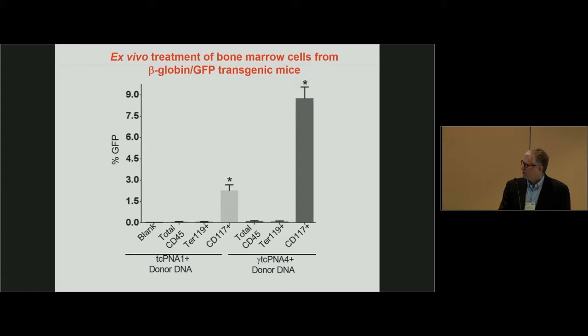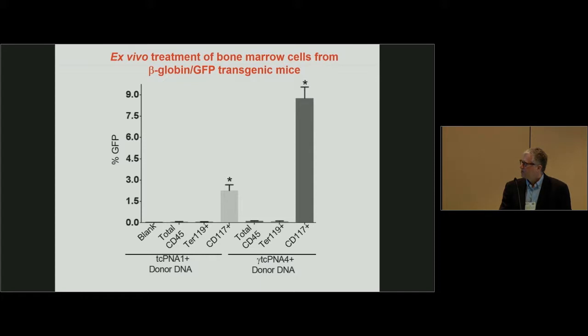So this graph has two punchlines. One is that it's showing that the gamma modified PNA that's on the right is about 3 to 4-fold more active than the regular PNA. But also the CD117 positive cells were the ones being edited in the bone marrow. And as some of you know, the CD117 marker represents the c-KIT, the KIT receptor, which is present on most bone marrow stem cells.